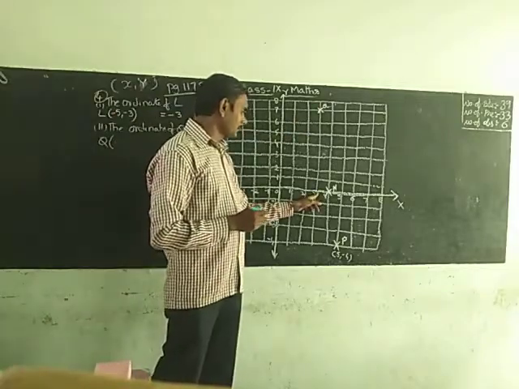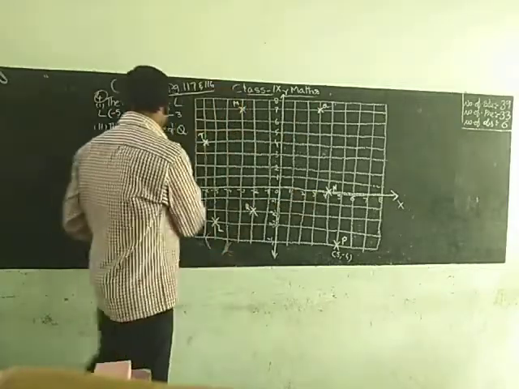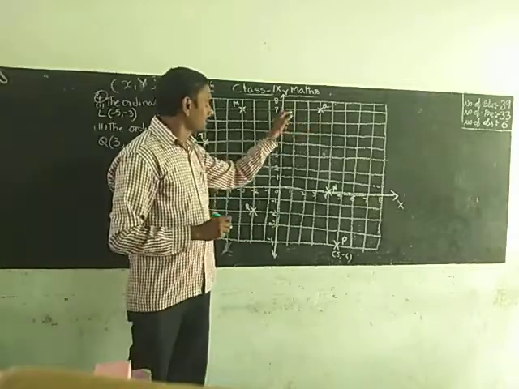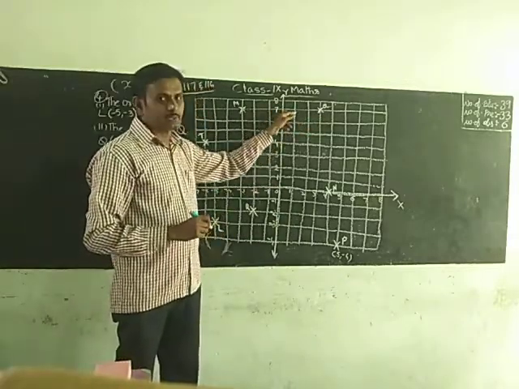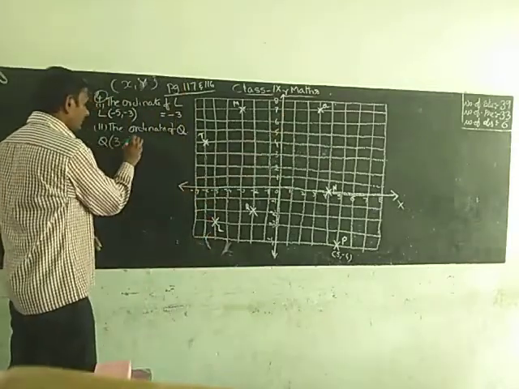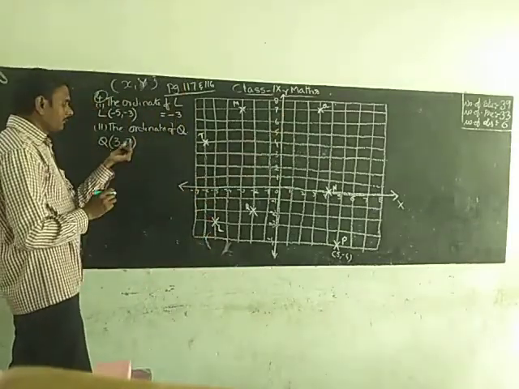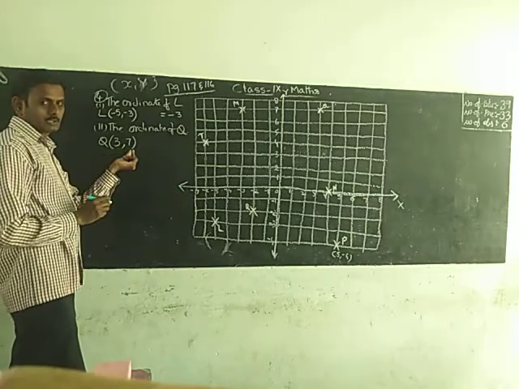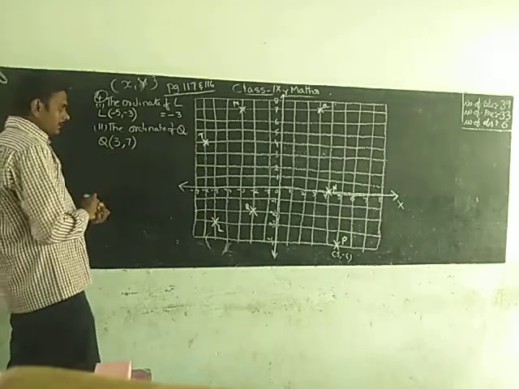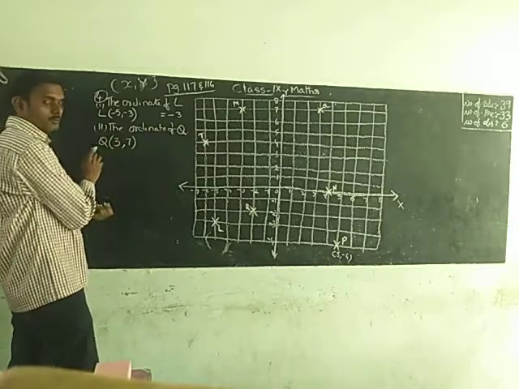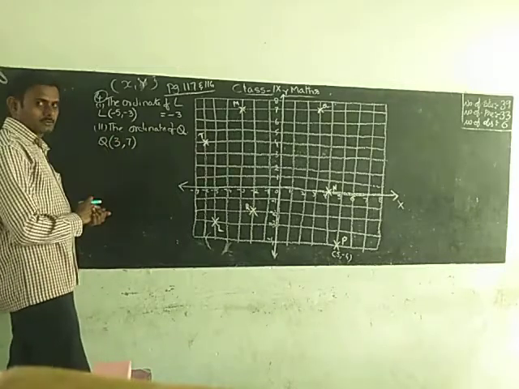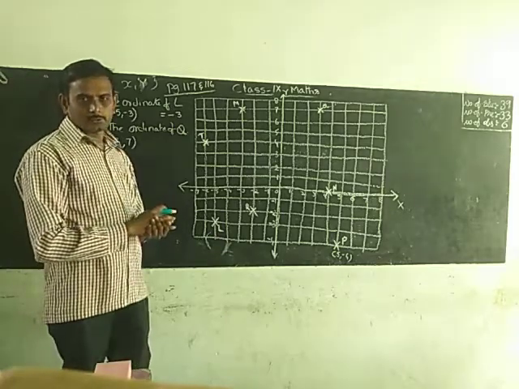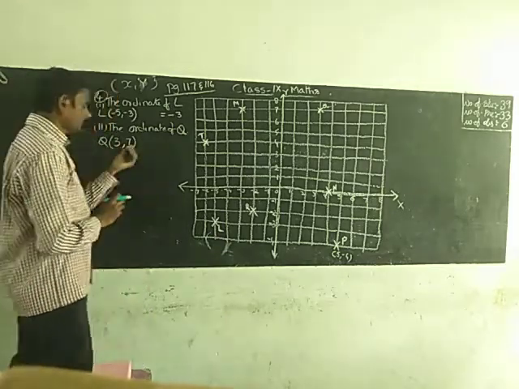Q is located on the x-axis at a distance of 3 units, and on the y-axis at a distance of 7 units from the origin. So Q is located at 3, 7. The coordinates of Q are 3, 7.